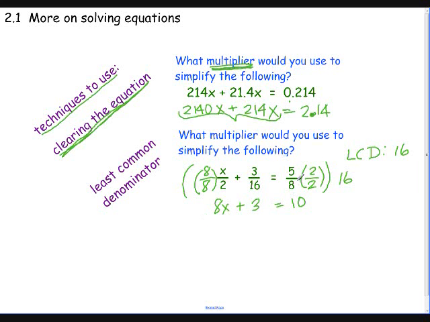As long as I do the same thing to this side as I do to this side, they stay equal. So here is a really helpful thing to know about equations with fractions. Find your least common denominator, multiply your whole equation by that, and you end up with 8x plus 3 equals 10, and it's going to be simple to solve after that.